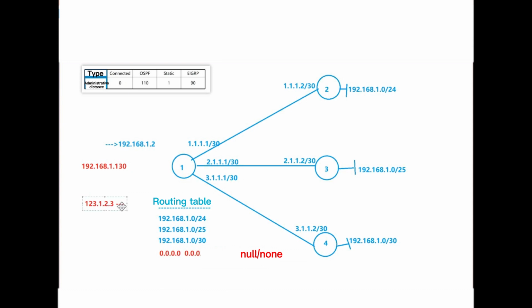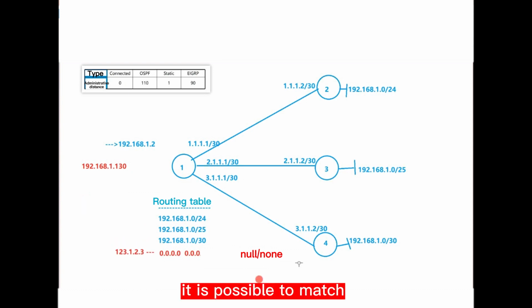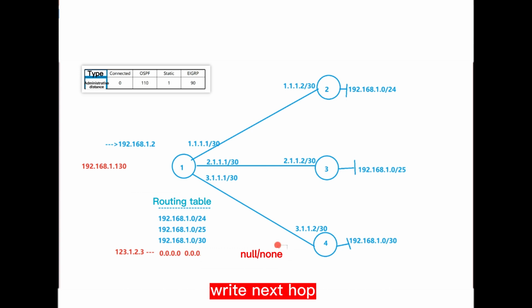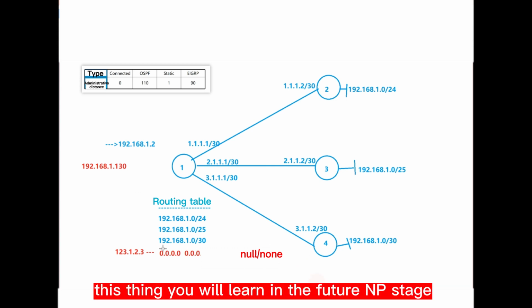Similarly, send this 123.1.2.3, and it can match. Only here, because I didn't draw another line, I can only write none for the next hop. You will learn this in the future NP stage.